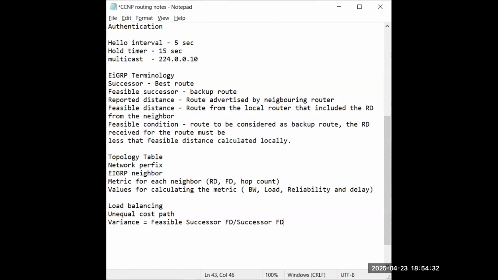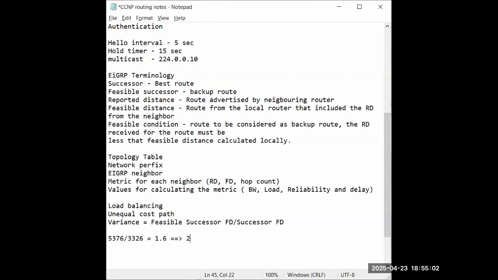You divide both. Say the feasible successor is, for example, 5376 divided by 3328. You will get a value of about 1.6. You round that off to 2.